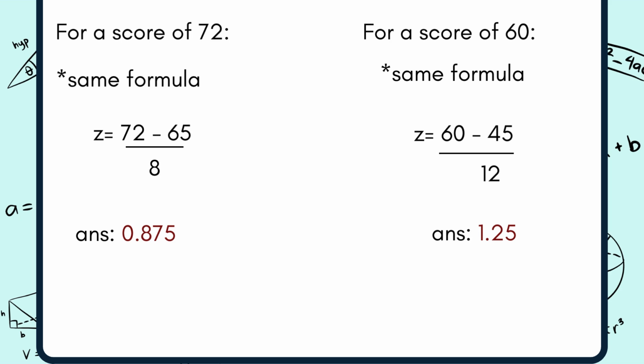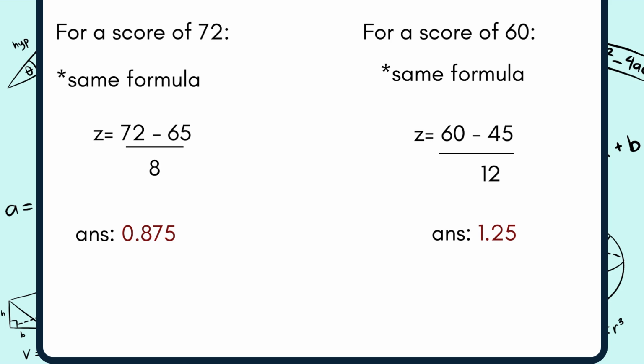That is the z-score of the first test. For a score of 60, which is Raul's second test, same process: 60 minus 45 divided by 12. The answer is 1.25. So that's the z-score of Raul's second test.